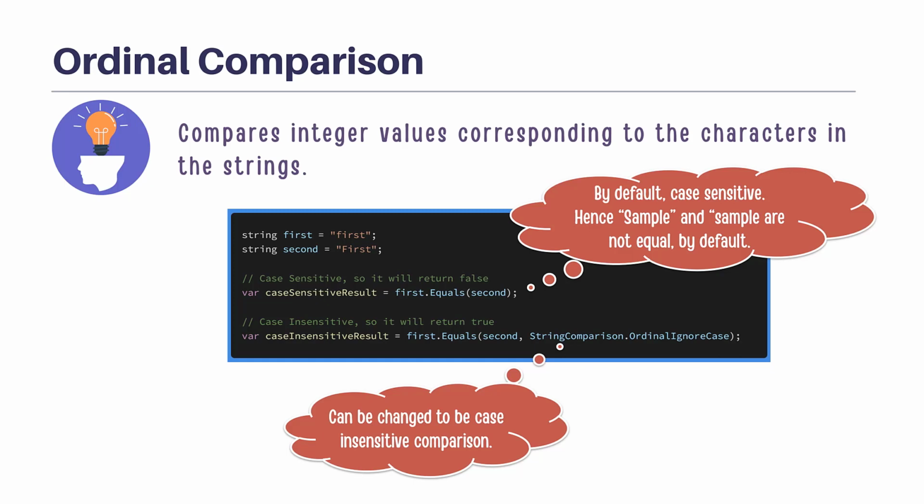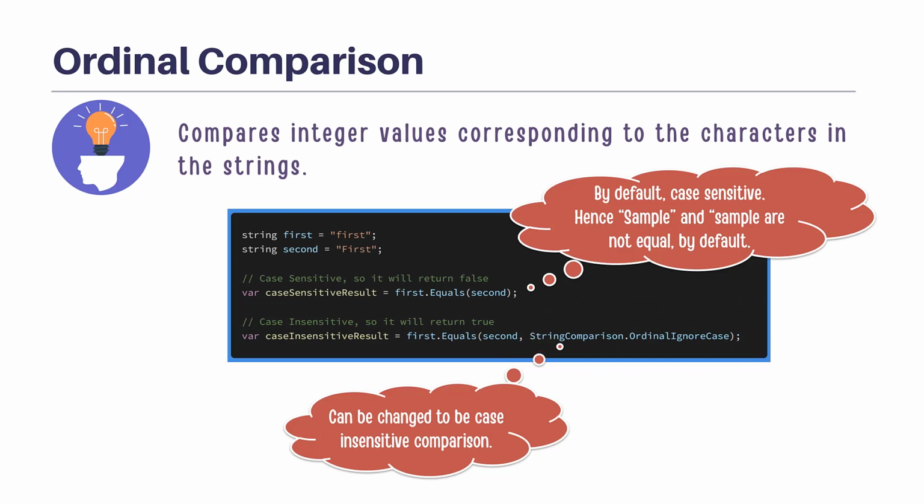If we pass this additional parameter and set its value to StringComparison.OrdinalIgnoreCase, then case insensitive ordinal comparison will be performed. This code snippet shows an example of ordinal case insensitive comparison. As we can see, the string.Equals method has an additional parameter StringComparison which is set to the OrdinalIgnoreCase value.